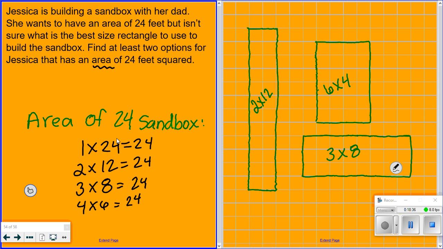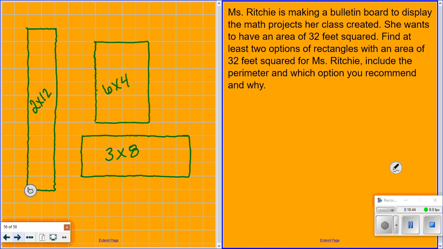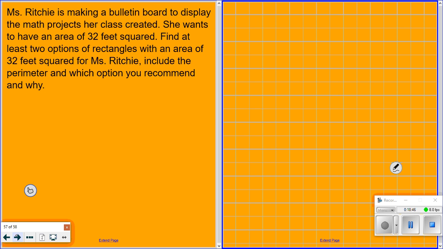All right, we're going to do one more. So turn to the next blank page in your notebook, because I'm sure you're going to need it. Here's our last one. It says, Miss Ritchie is making a bulletin board to display the math project her class created.